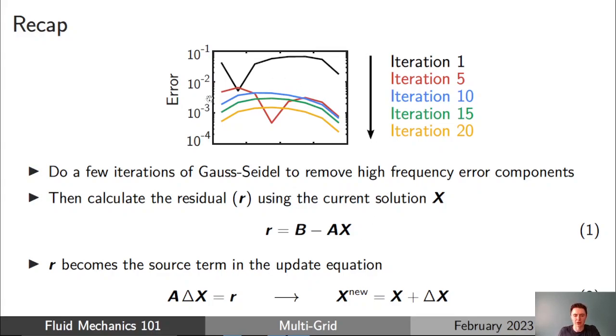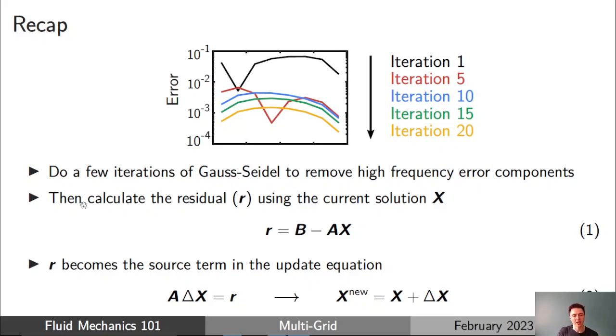And if we plot along a line through the previous example problem we considered, we can see that through iteration 1 and iteration 5, we've got some of these high frequencies where the error varies between adjacent cells. And then after a few iterations, those high frequency components have been smoothed out. We just have a smooth error field, which then reduces as we carry out more iterations.